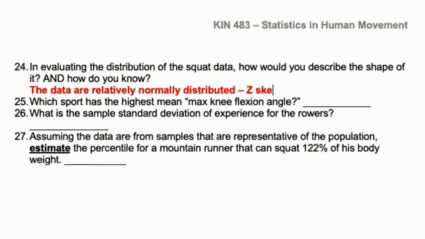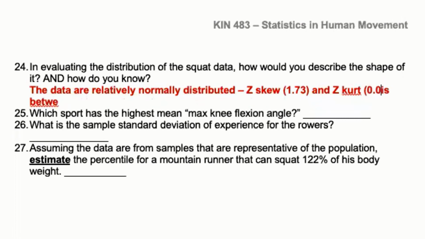Reasons being that Z skew, which we calculated as 1.73, and Z Kurt, which was 0.07, are between negative 1.96 and positive 1.96. Okay, so when you're using z-scores to justify normality, make sure you include the z-score that you calculated as well as the criteria that you're using to evaluate normality.